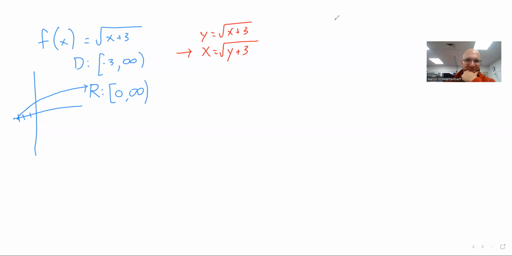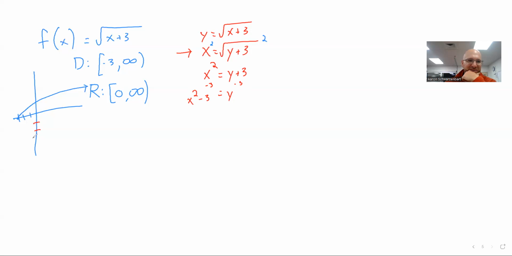Now I solve. To get rid of the square root, I'm going to square both sides, giving me x squared equals y plus 3. To get it into y equals form, I subtract 3 from both sides and get x squared minus 3 equals y.